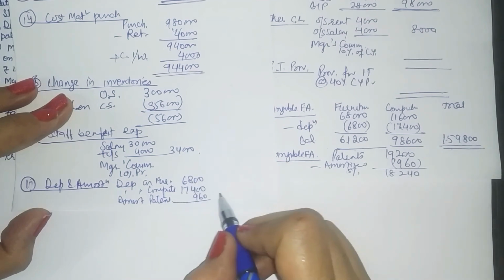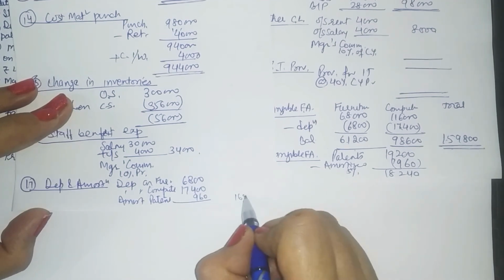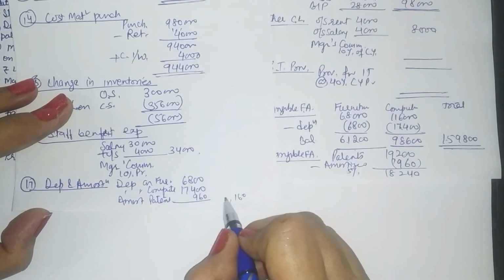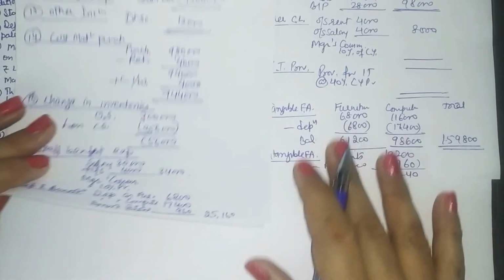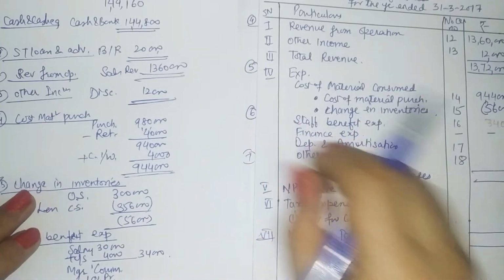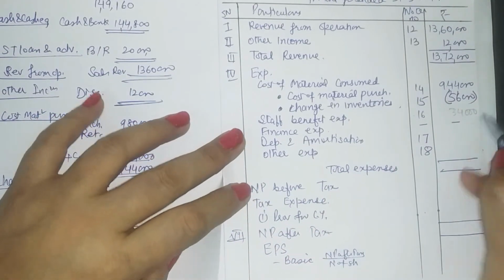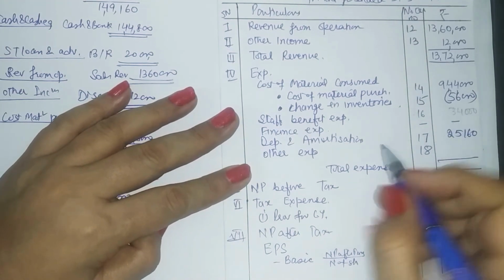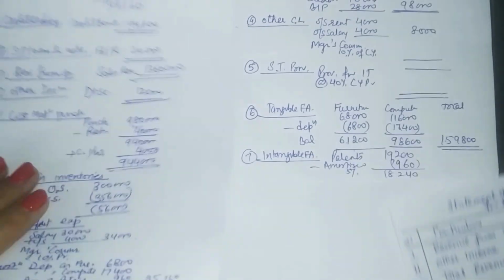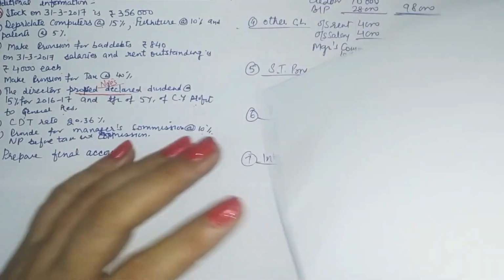So that makes a total of 25,160. So we can put it here, depreciation and amortization 25,160.